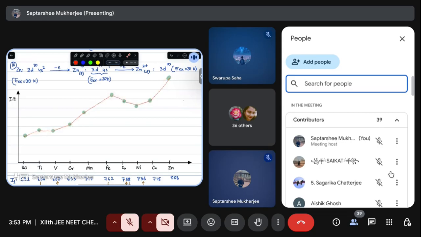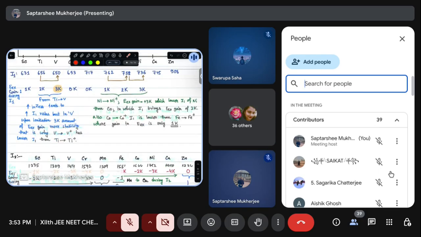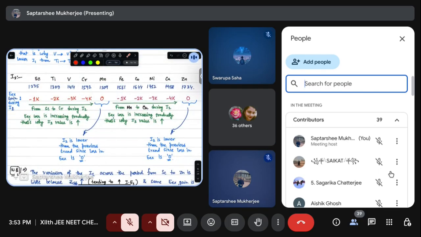That we have seen in the very beginning. Can you follow? And when we look at the second ionization enthalpy, what is happening? Scandium through chromium, it is gradually increasing. Only at manganese is the second ionization enthalpy dropping down, because of no loss in exchange energy. Afterwards from iron to zinc it is again increasing, and at zinc again decreasing because of no loss in exchange energy. Correct everyone till now?